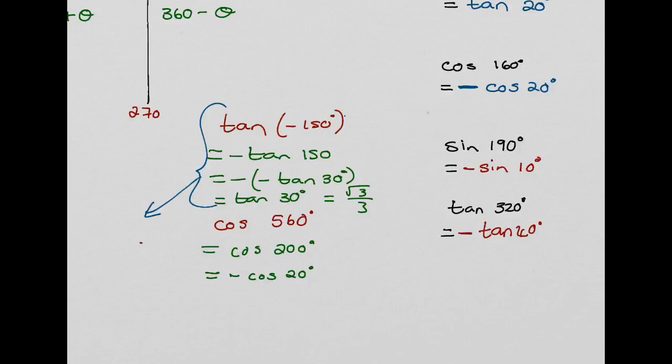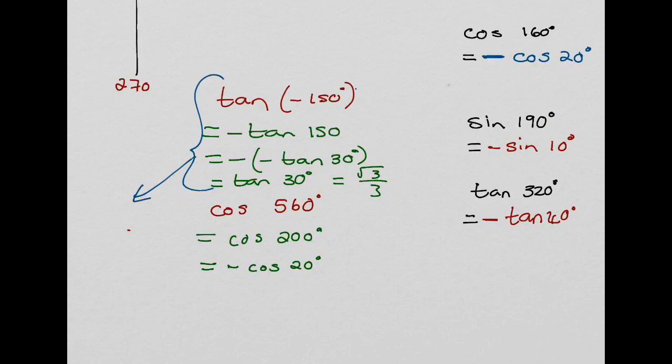An alternative to this tan of negative 150, if you forget your negative angle rules, you can also get it onto the cast diagram by adding 360 until it's positive. So it becomes tan 210, which takes it to its own quadrant, and it's going to be 180 plus 30.